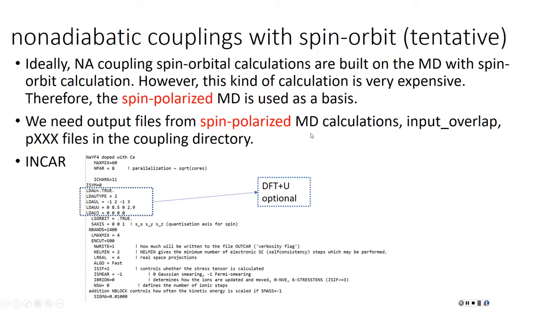For the non-adiabatic coupling simulations, we need the input overlap, and also we need 1,000 files from the molecular dynamics. We also need a specialized INCAR, and here is the standard template.